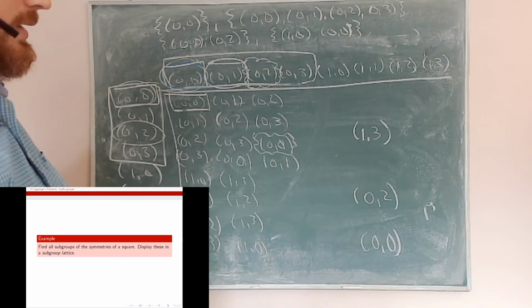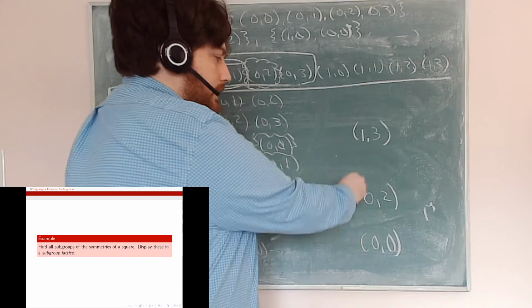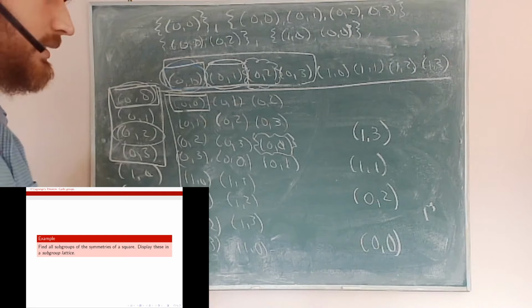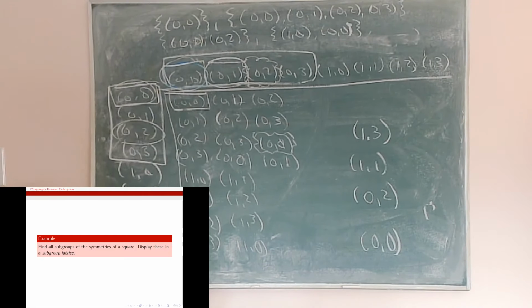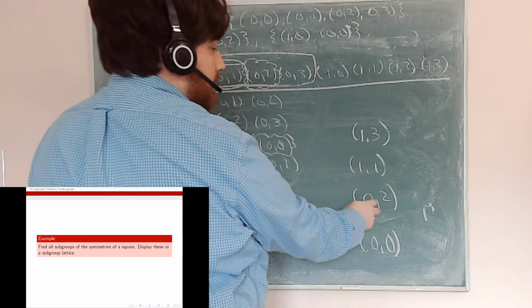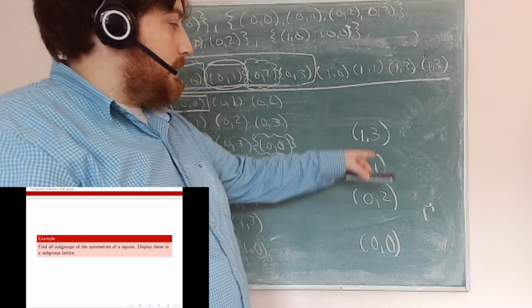And then I have to add those together. So (0,2) plus (1,3) I think is going to be (1,1). Now if I add those in, I should also get (1,1) plus (1,1) is (0,2). That makes sense. (0,2) plus (1,1) is (1,3).